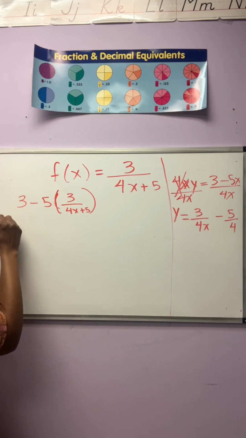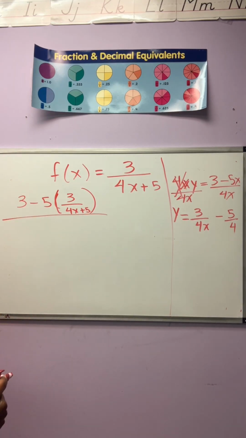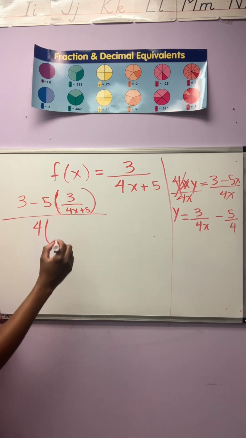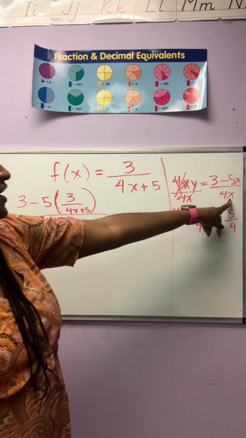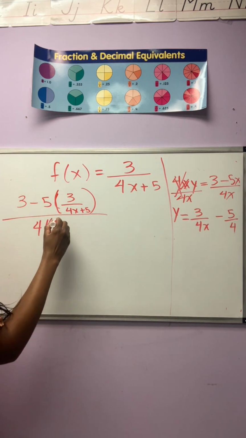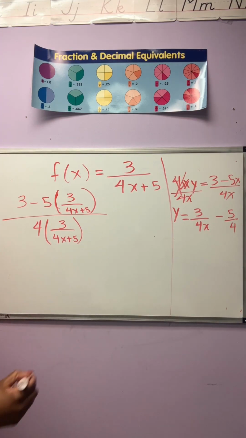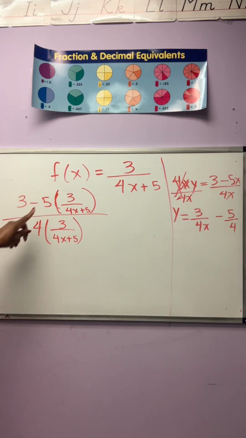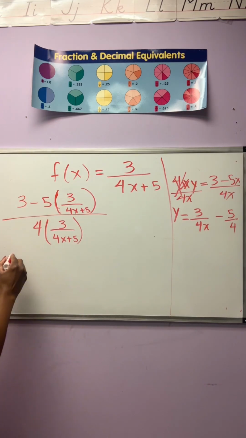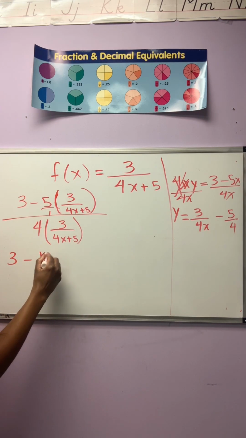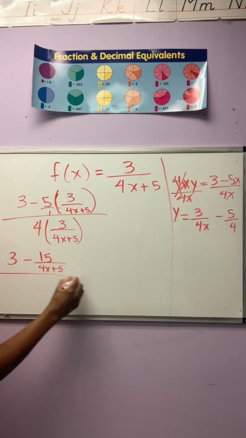So I'll just try it on the top one, because it looks slightly simpler. So remember, we want to end up with x. So 5 times 3, we have 15, and we have 4x plus 5.